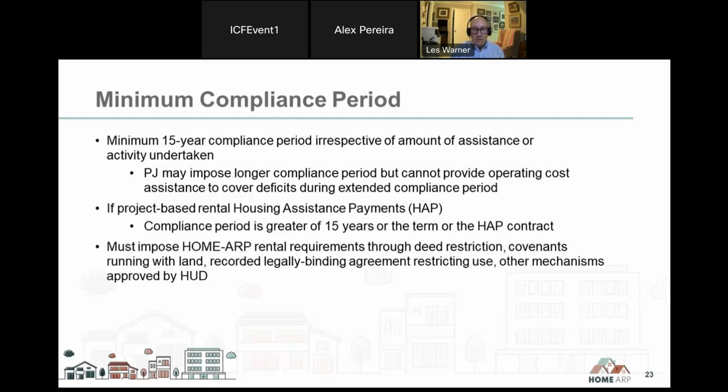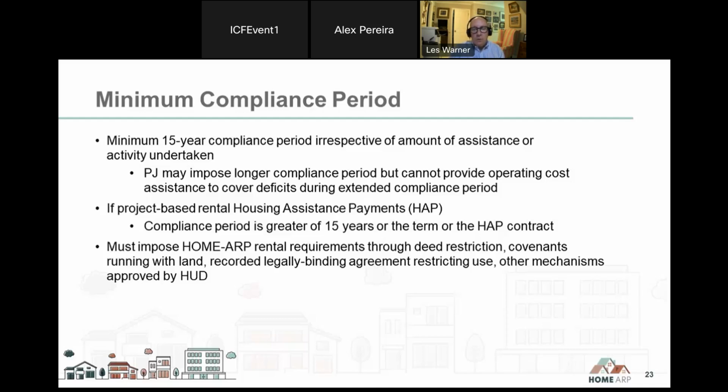During that time period, we need to make sure that that project will continue to serve the population that's been designated to continue to be affordable. So we need a way to be able to impose those restrictions, something more than just a lien position or a mortgage on that property.